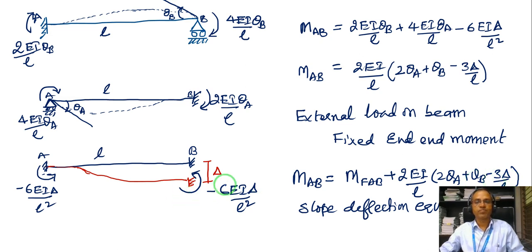If the right hand support is higher compared to the left hand support, then this minus 3 delta by L will be plus 3 delta by L. Right? So this is the slope deflection equation used for analyzing a continuous beam.